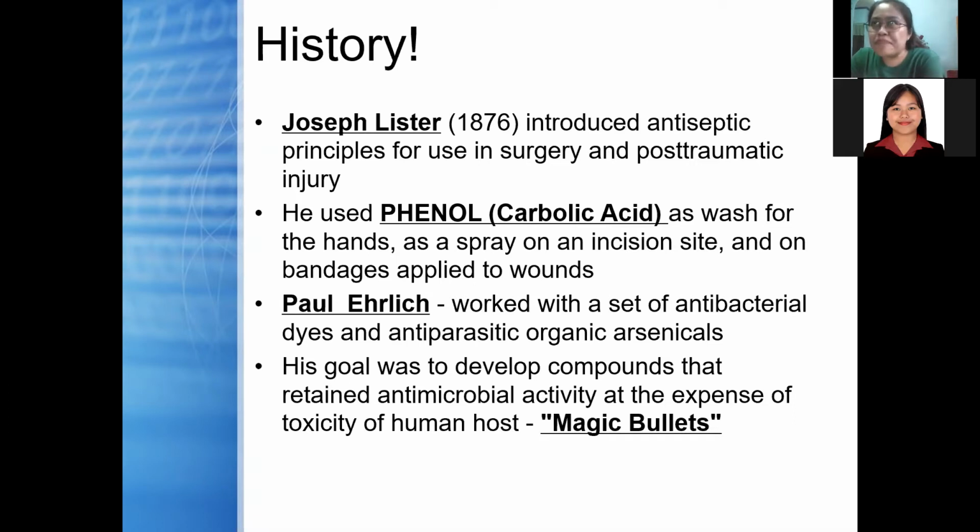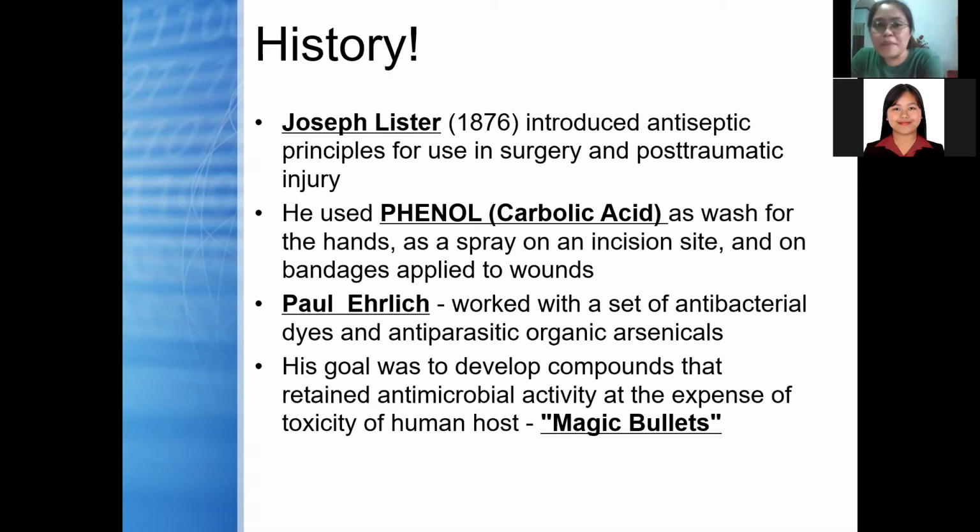And daghan og mga cases sa una na patients will die because of infection and others kay mga secondary infection. So again, it was Joseph Lister who introduced the principle of the use of antiseptics.